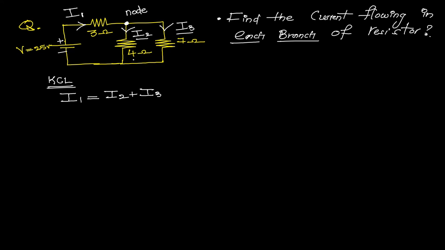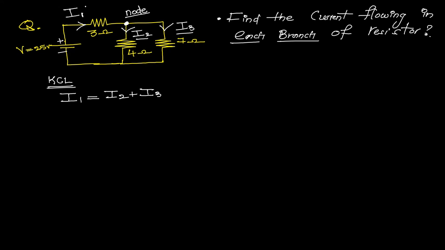But the currents flowing through 4 ohms and 7 ohms are divided from the total current coming to the junction node. I1 is the incoming current to this junction, and I2 and I3 are the outgoing currents. To find the current through 4 ohms, we can directly apply the current division rule, and likewise for the current through 7 ohms.